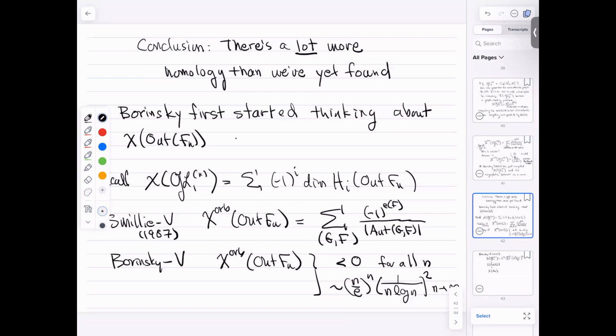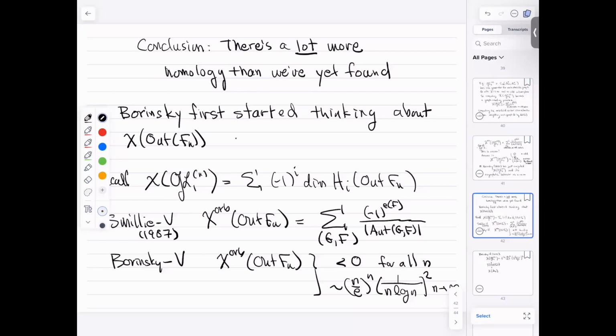Like in the commutative case, it's computed by counting graphs. It's a sum over pairs consisting of a graph and a forest, of minus 1 to the number of edges of the forest, divided by the order of the automorphism group of the graph modulo the forest. We used combinatorial counting methods to produce a generating function, which was horrible.